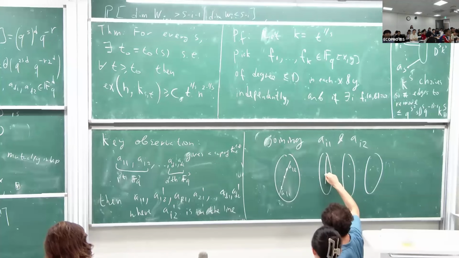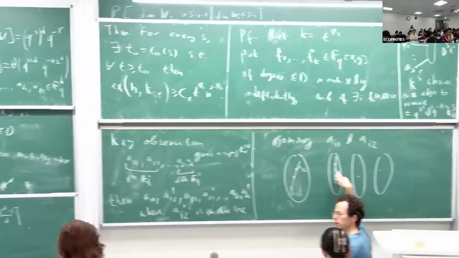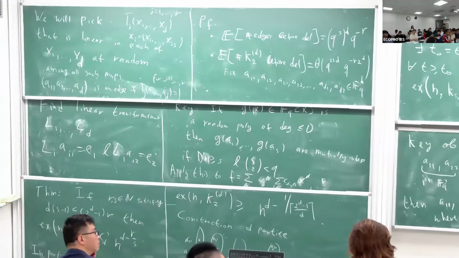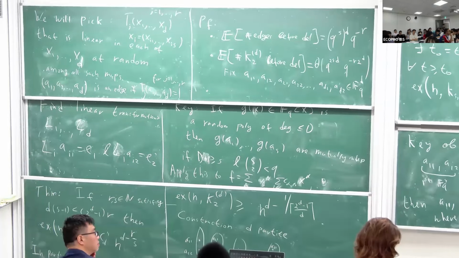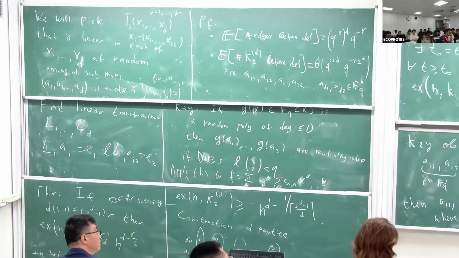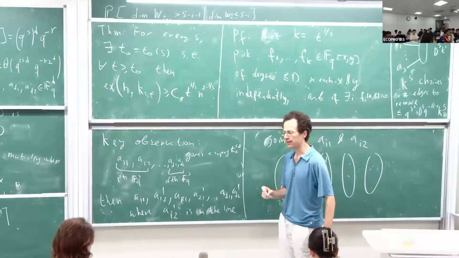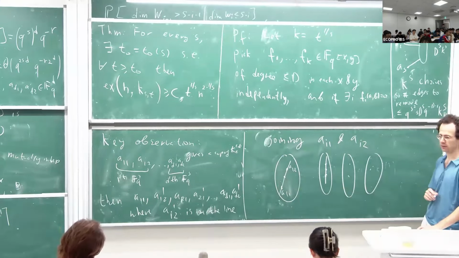Similarly, I draw a line in here, and again I replace this point by this. Again, the value of T is not going to change. So there are going to be a huge number of copies of this forbidden graph, which all share the same A11, A12, A21, etc., A_D1, sharing the same edge. So if I delete that edge, I'm killing not a single copy of K_{2,D}. I'm killing all of these copies at the same time. This is where I'm winning over the usual probabilistic argument.